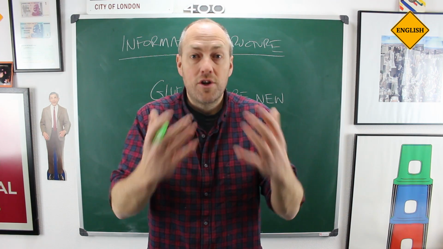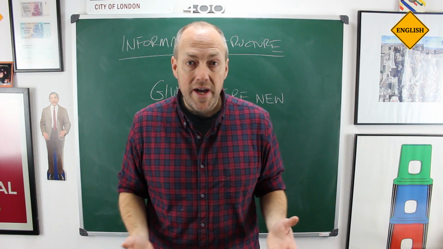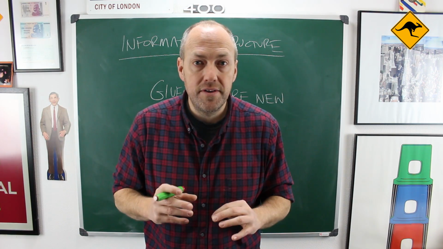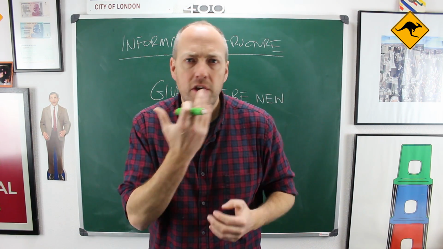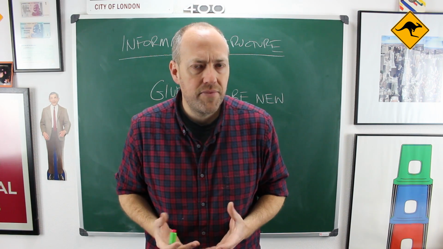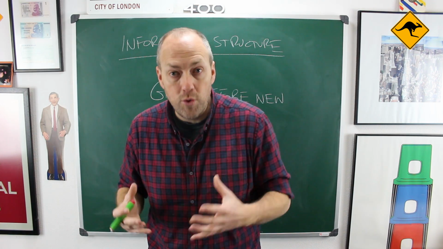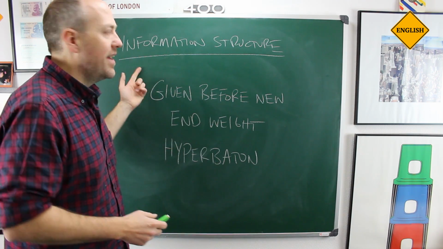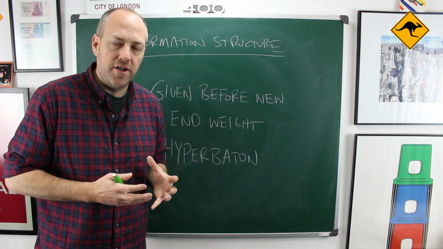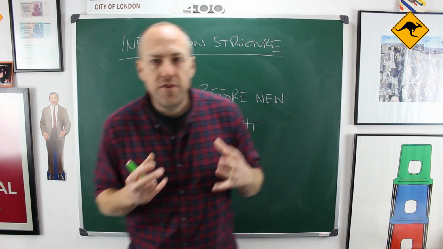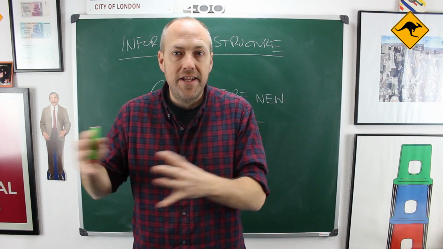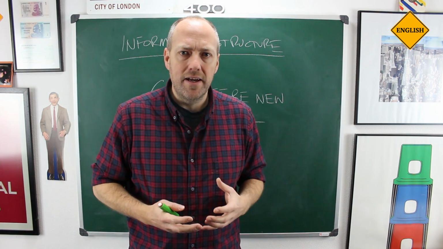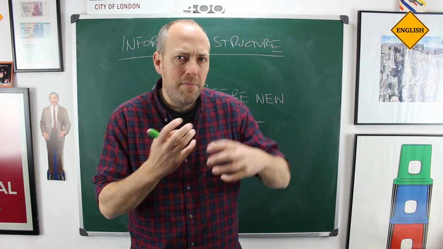And we can convey meaning in various different ways, with punctuation, with our choice of words, with gestures, with the tone of voice. But another really important way to convey meaning is with our information structure, okay? The way that we structure our sentences can help us to give additional meaning or to change the meaning of sentences.